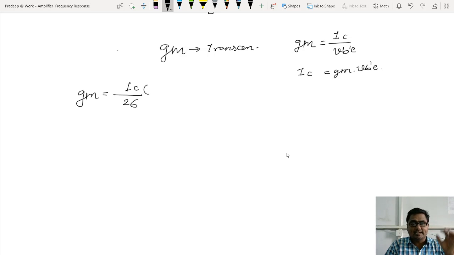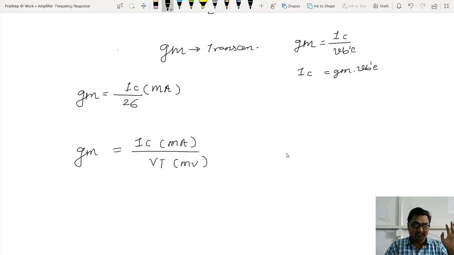The IC that I have written in the numerator must be in milliamperes, divided by the thermal voltage VT in millivolts. That's the actual equation. So IC divided by VT is nothing but your gm, that is the transconductance.